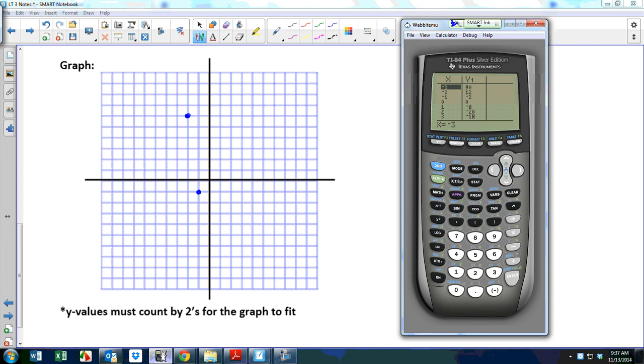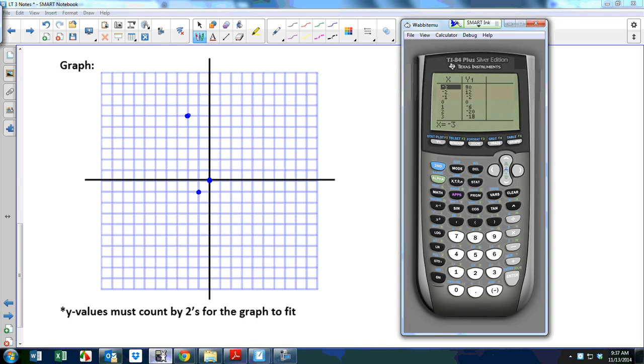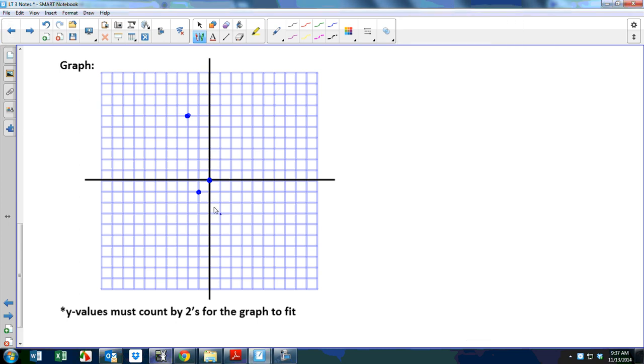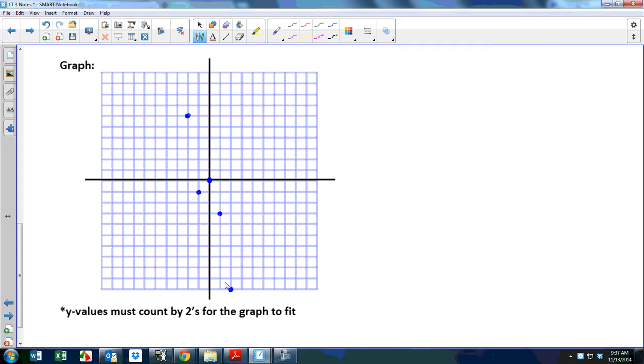0, 0 is 0, 0. 1, negative 6: 1 down 2, 4, 6. 2, negative 20 would be down 10. Again, that's a 10 by 10 window. So right 2, down to the last bar, down to the edge of the graph.